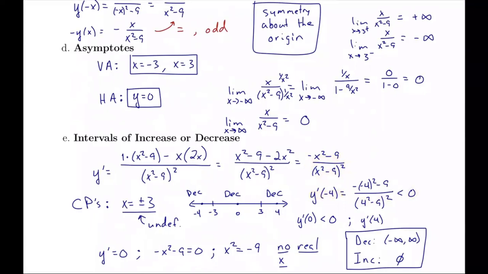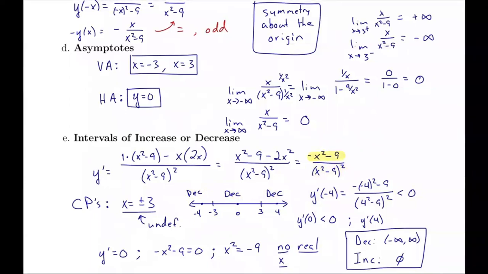Plug in 0 and we get negative 9 over negative 9 squared, so a positive number on the bottom. A negative over a positive is also less than 0. So far, we're negative in the derivative here, so we're decreasing. Negative in the derivative here, so we're decreasing. And the third one, y prime of 4 is also negative, so we're decreasing again.